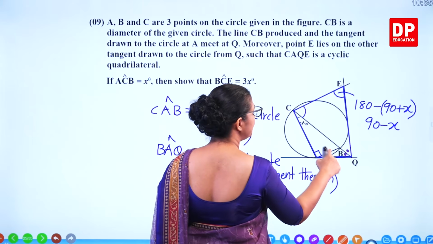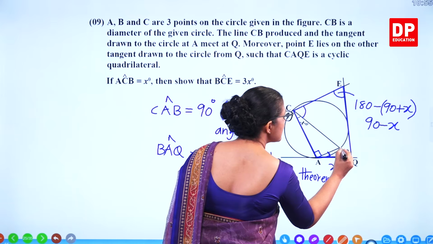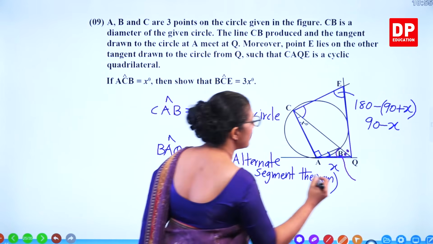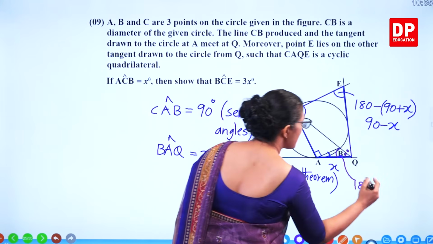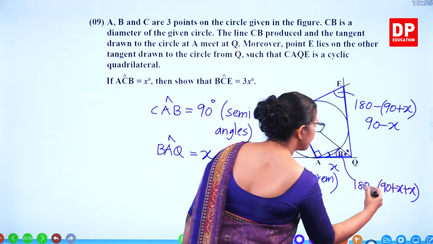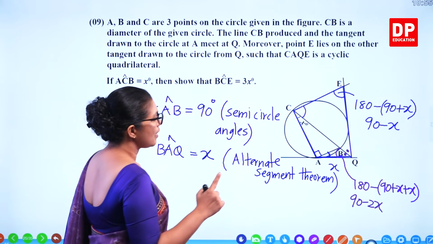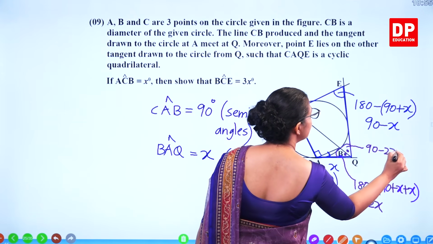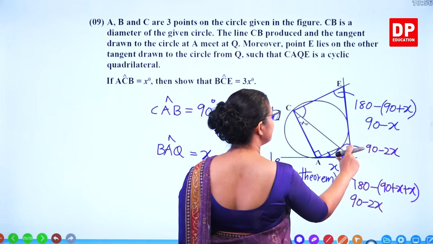What is this angle? 90 plus x and x here. So what is this angle? Think about the sum of angles in a triangle. 180 minus (90 plus x) and x. You get 90 minus 2x. If this is 90 minus 2x, this is also 90 minus 2x, because the two tangents bisect the angle.